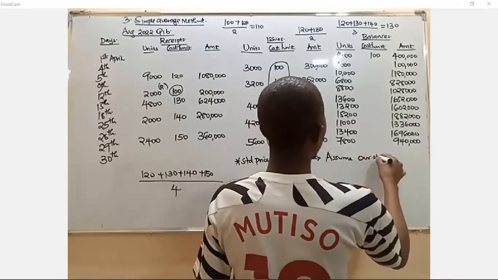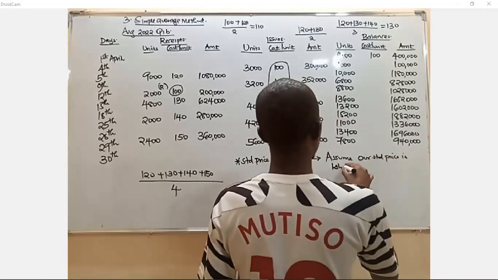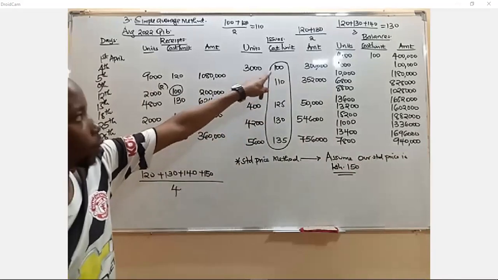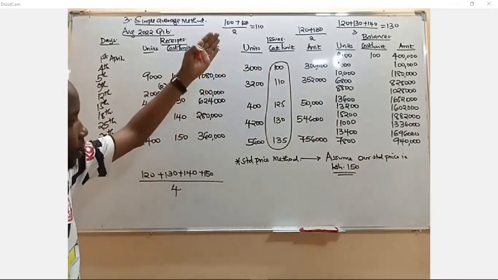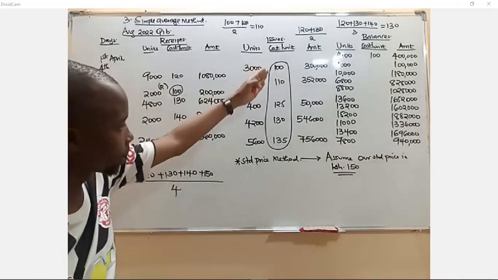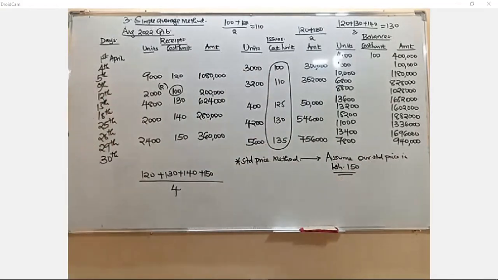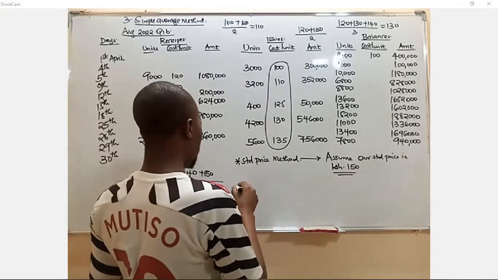Assume our standard price is Kenya shillings 150. Every time you are issuing here, utaenda issue na 150. But the question will do the same. You just flow the same way, but when you are issuing, just issue with 150. That will mark our end of our class today.